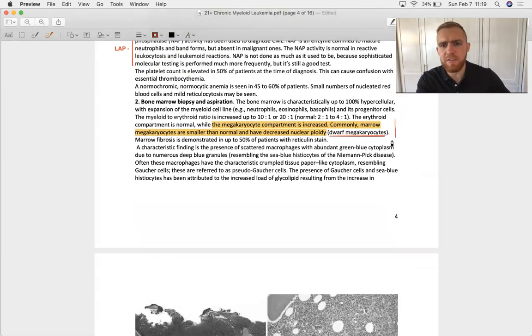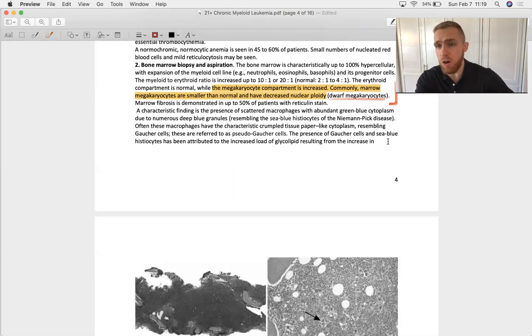The megakaryocyte compartment is typically increased, more of a fascination than really an important diagnostic marker, but you do tend to see small megakaryocytes in CML as opposed to larger megakaryocytes in maybe myelofibrosis or essential thrombocythemia.